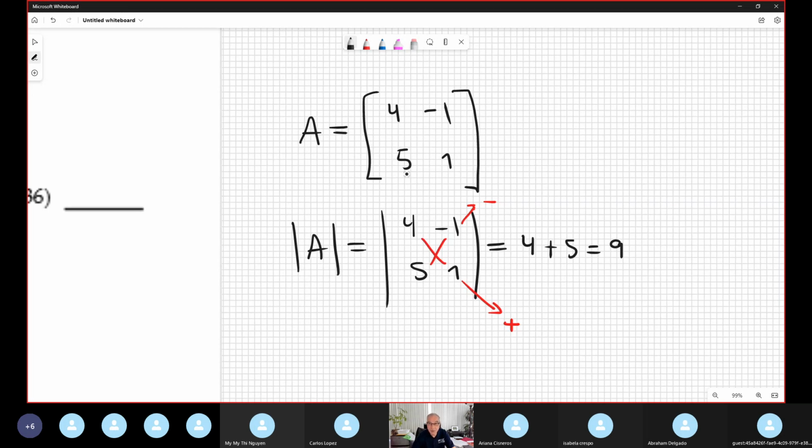Now, the algorithm to find the inverse in 2 by 2 is you interchange 4 and 1, you put 1 here and 4 here, and divide by 9, the determinant. And this stays the same, but you change the sign. This is 1, and this is -5, divided by 9.